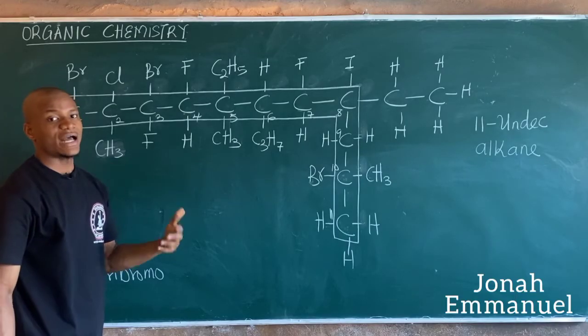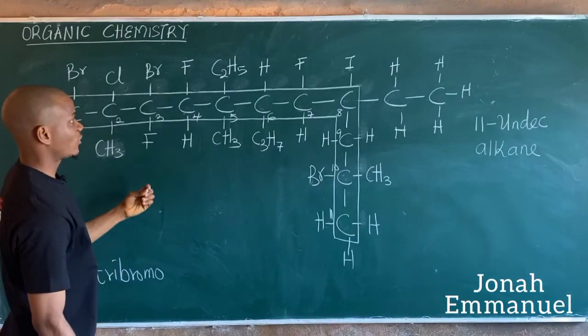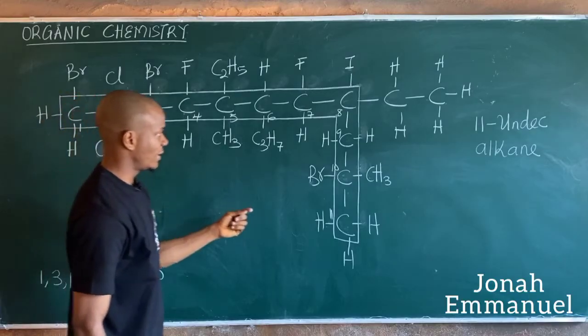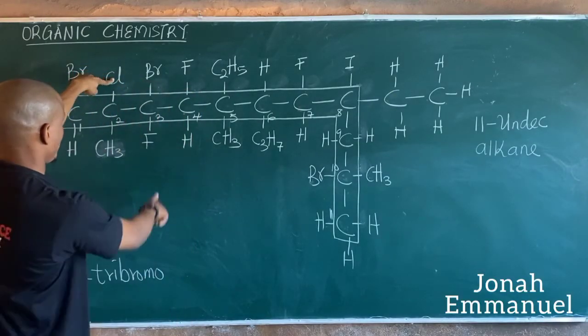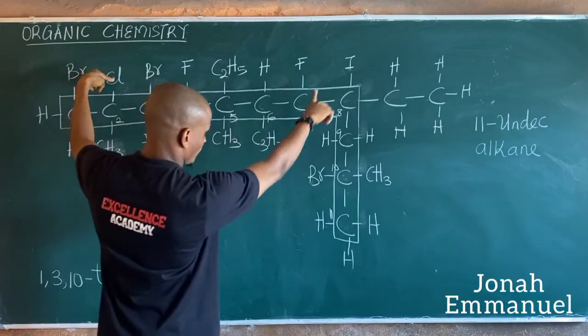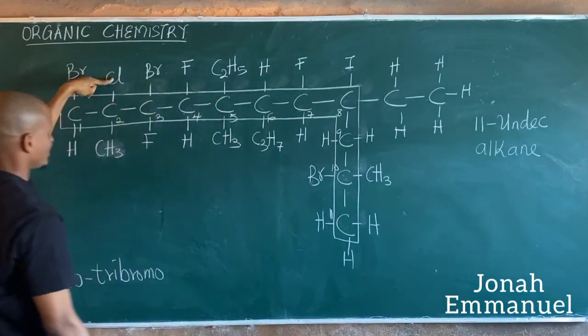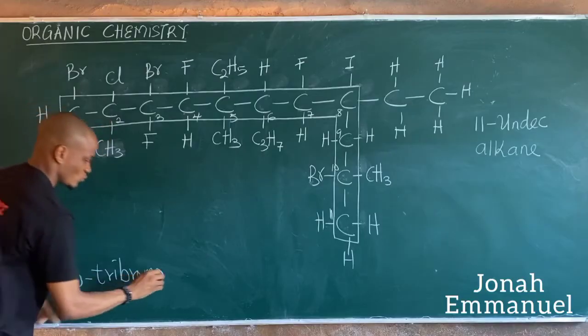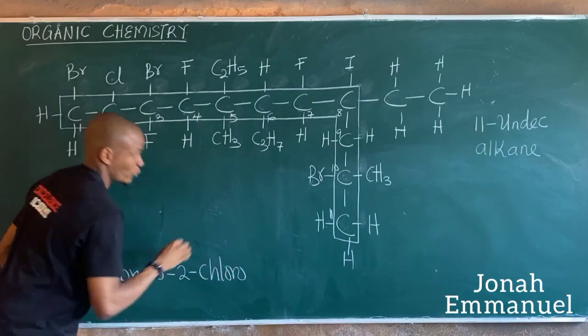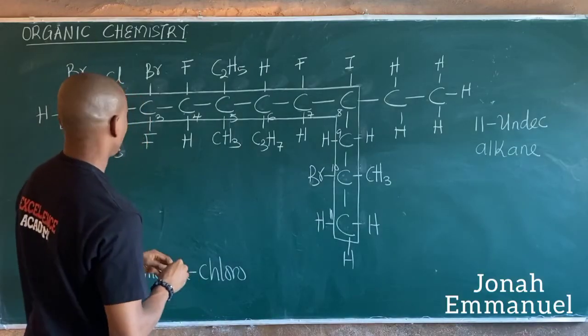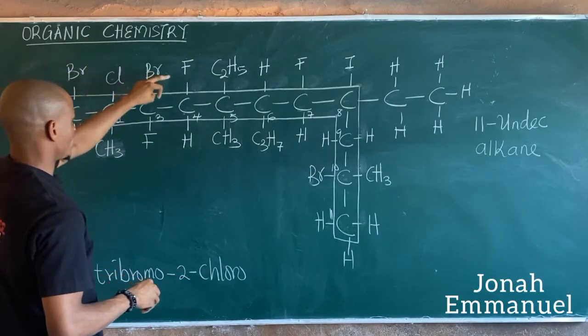From alphabetical order, after B we take C. Is there any chlorine here? Yes, I can see 1 chlorine here at carbon 2. So it becomes 2 chloro. Chlorine is done. Next up is fluorine.